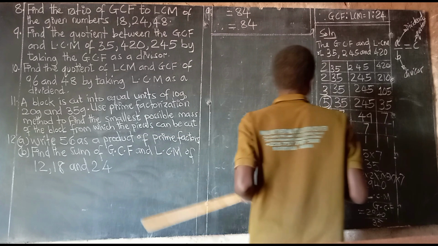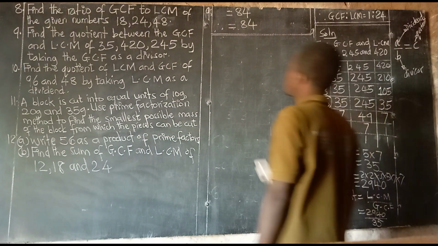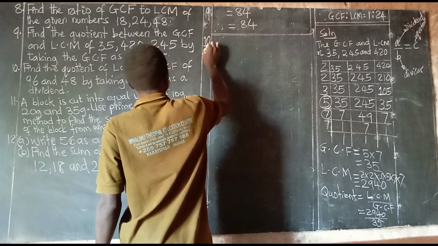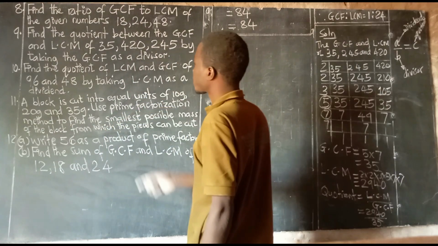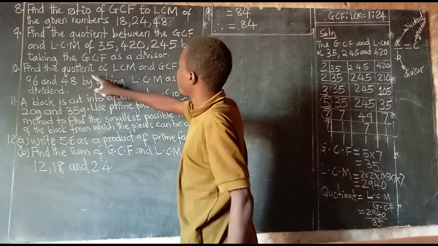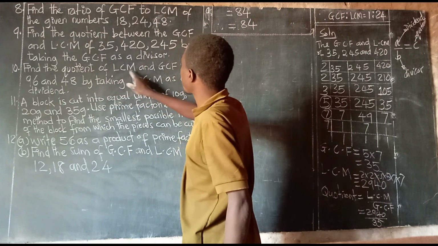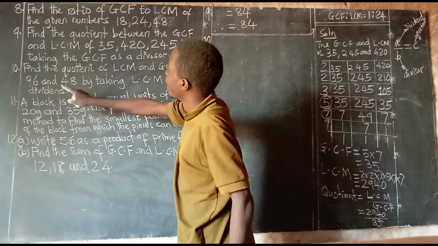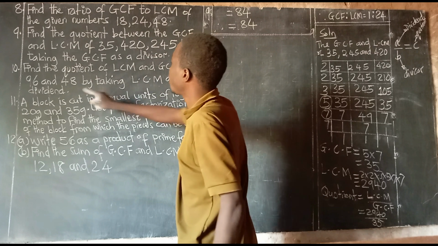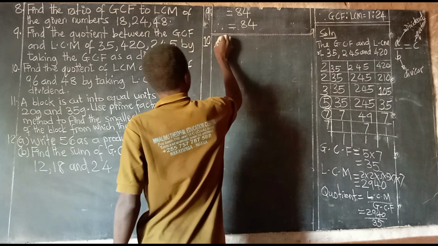Now, after question 9, let us go to question number 10. Question number 10 states: find the quotient of LCM and GCF of 96 and 48 by taking LCM as a dividend.